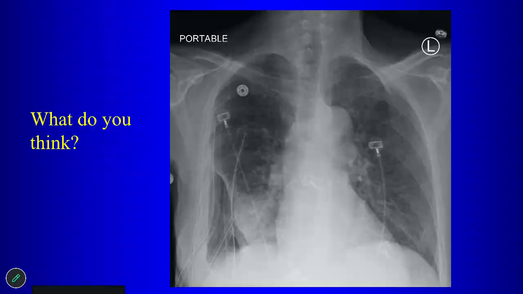Is there another finding on the plain film that helps you? What causes trapped lung? Chronic effusion. What is the problem that causes, so normally, if we have a pleural collection from empyema, right?